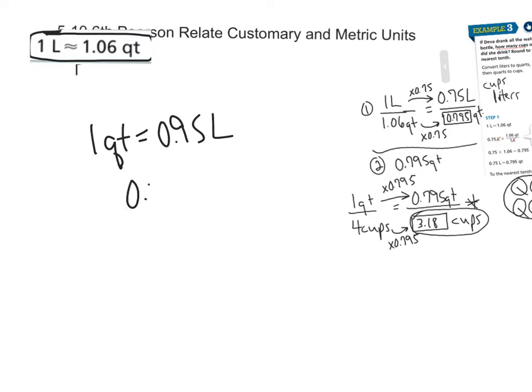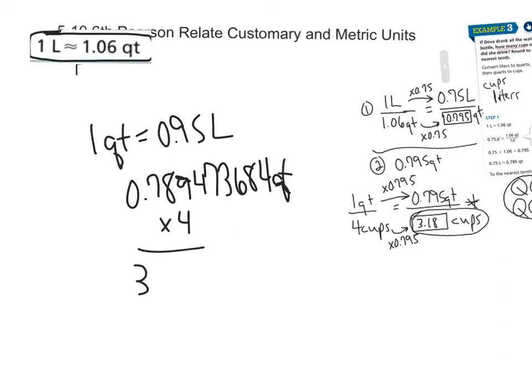You get 0.789473684 quarts, and then if you multiplied that by 4, you'd get 3.157894737 cups. If you notice, those are slightly off.